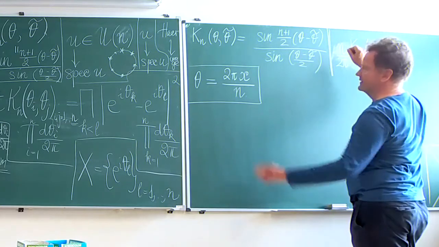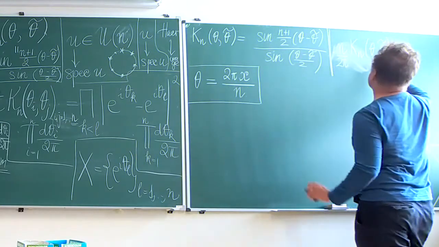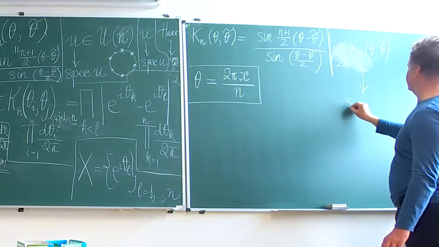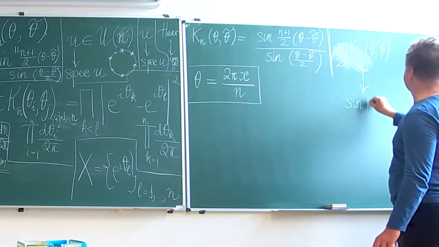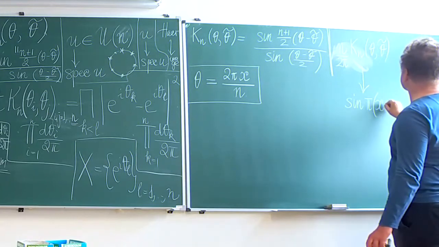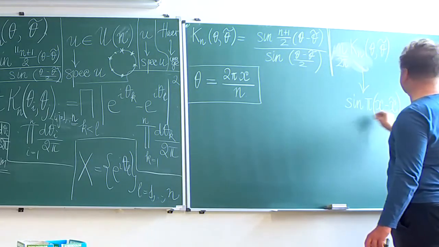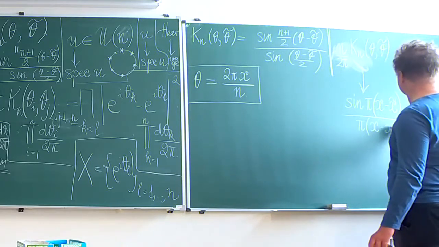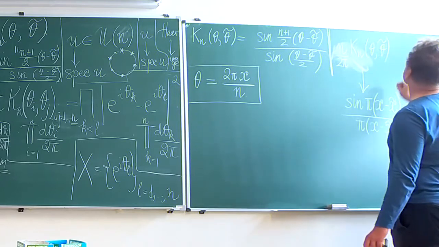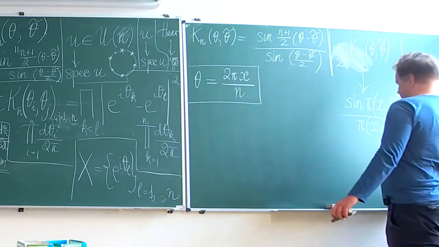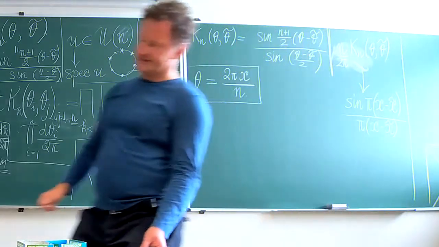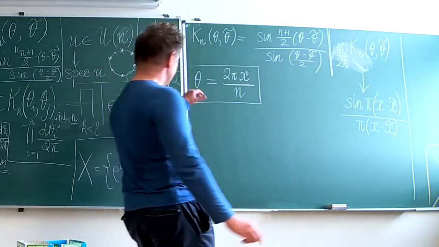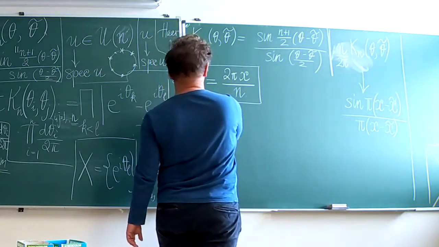So this n over pi converges to, if I wrote it correctly, I should get sine pi(x minus y) over pi(x minus y). Yes, the same relation.